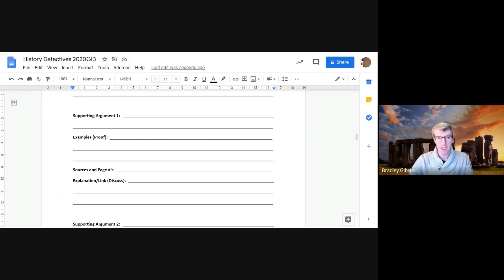Here's your thesis. Your first paragraph would be your supporting argument 1. Typically what you want to do is put the supporting argument there. So, in both stories, the rulers are pictured as godlike. And then you would want examples of that. For instance, examples are plentiful in the Epic of Gilgamesh, where his half godlike nature is emphasized in words.